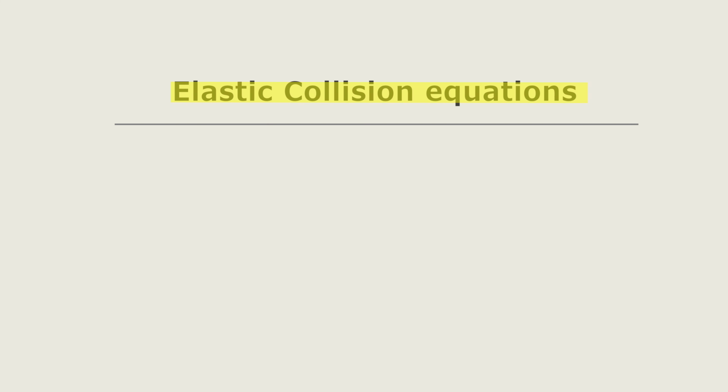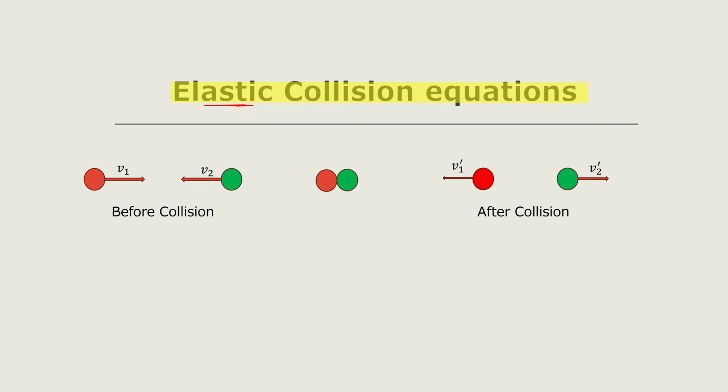So now let's analyze the equations for momentum and energy for elastic collision. As we understand, in elastic collision, both momentum and energy are conserved. So we can consider this scenario. Before collision, we have two balls.